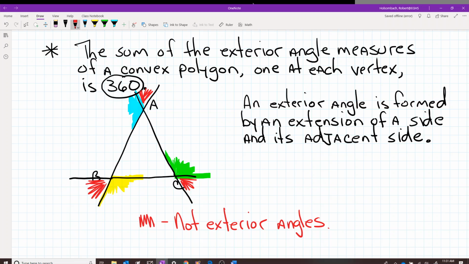These red angles are formed by the extension of two sides, so please don't confuse those. They are just vertical to these interior angles of this triangle. Everybody good with that?